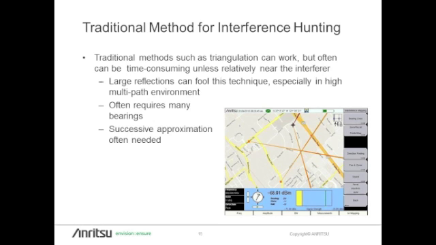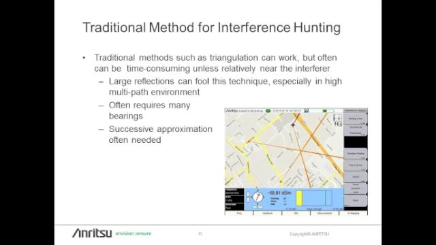With multipath, you have a broadcast signal that will bounce and be reflected from various obstacles: buildings, hills, cars, really anything out there. It can reflect and then arrive at the position where you're measuring from different directions. So if you're looking in one direction and you think the interferer is strongest there, it could actually be coming from 180 degrees in the opposite direction.